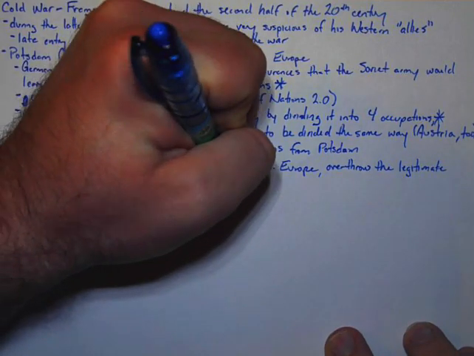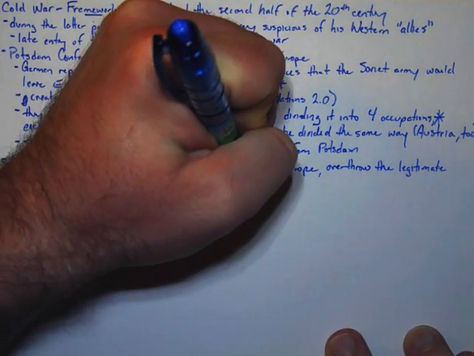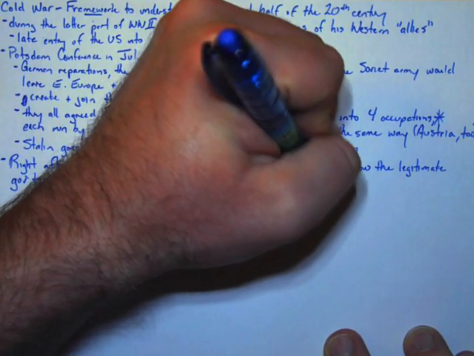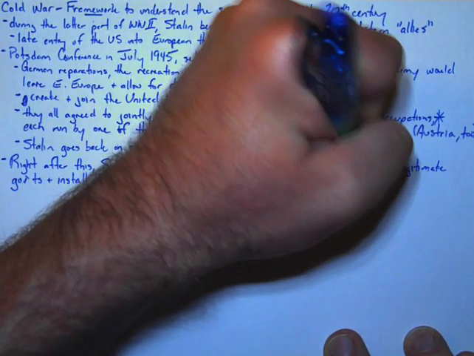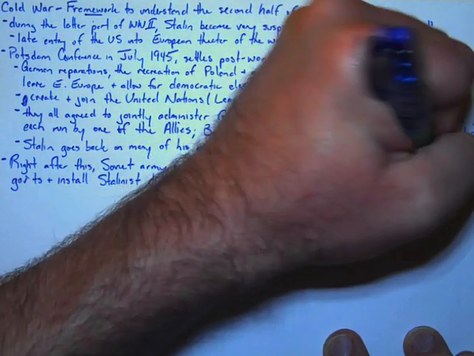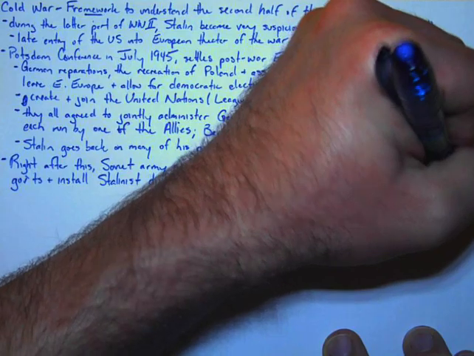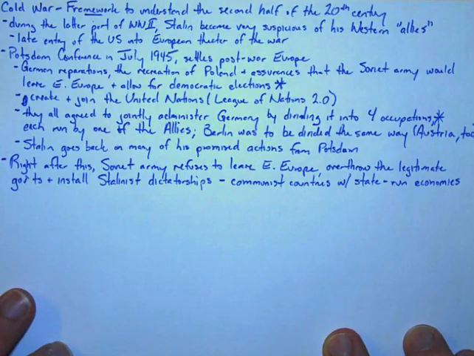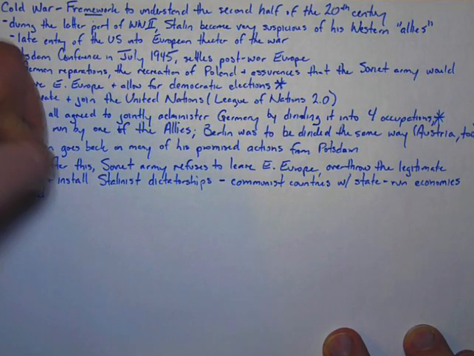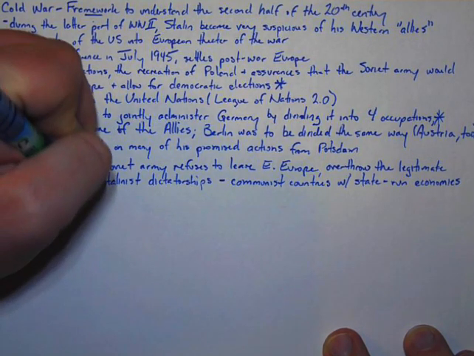So these are communist countries with state-run economies. So they're not capitalist. And they are all aligned with the Soviet Union.